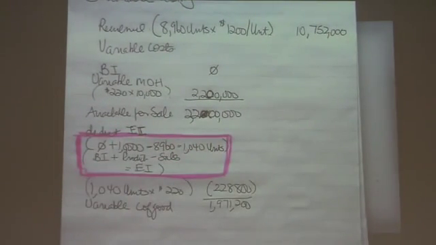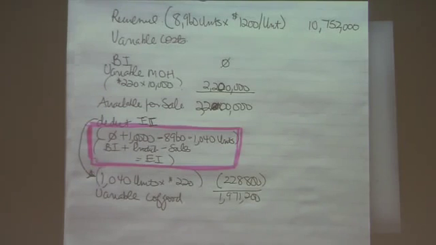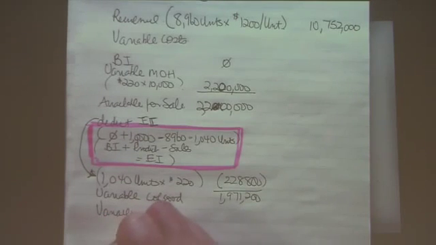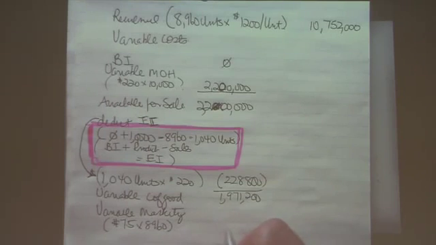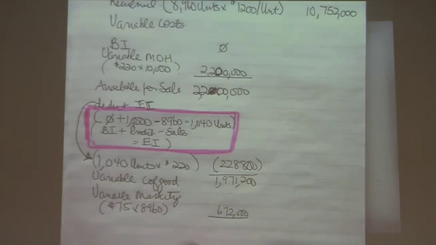Now we need to add the variable marketing. We're told the variable marketing is $75 per unit times 8,960 to give us total variable costs of 8,108,800.